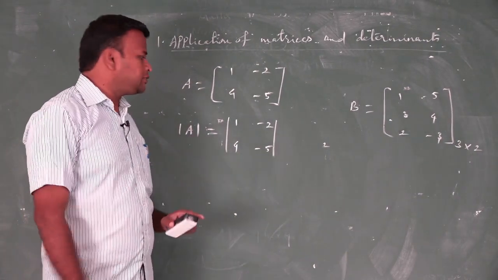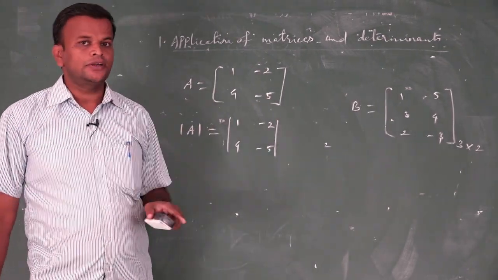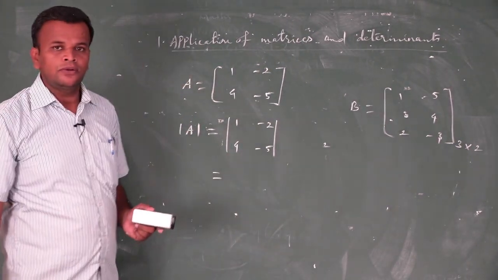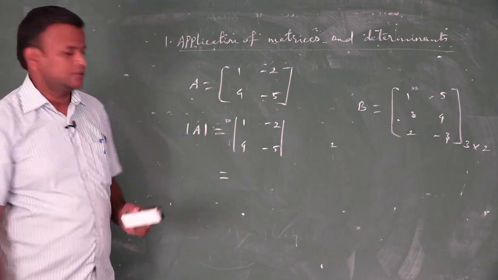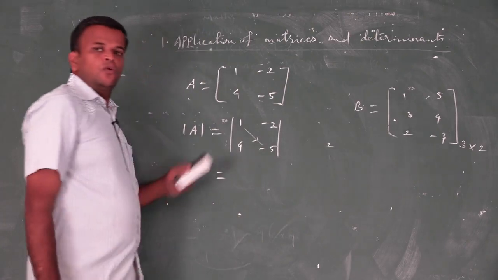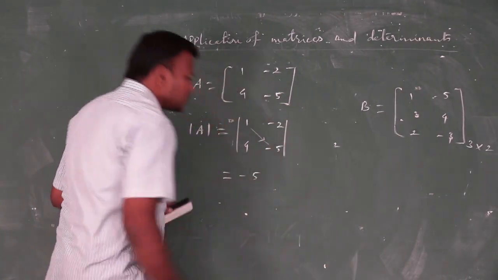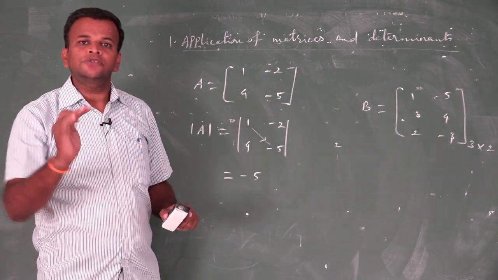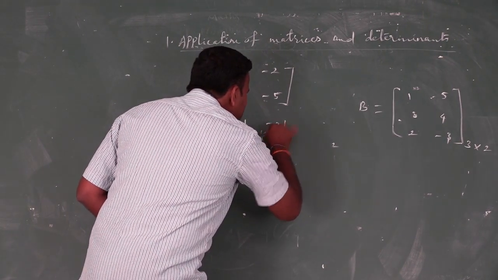How to find the determinant of a 2 by 2? You know the working rule? We already saw it in the 11th standard also. I will tell it again. What is the working rule? First we multiply the leading diagonal elements. So we multiply these 2 elements first of all. 1 into minus 1 is minus 1. The next step, we multiply the remaining 2 elements with a minus.